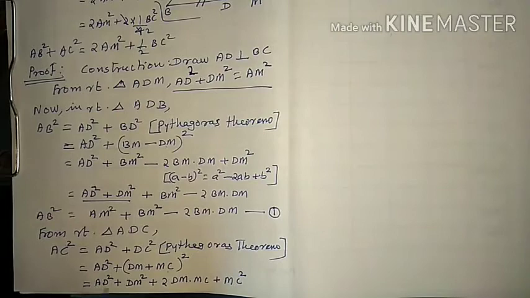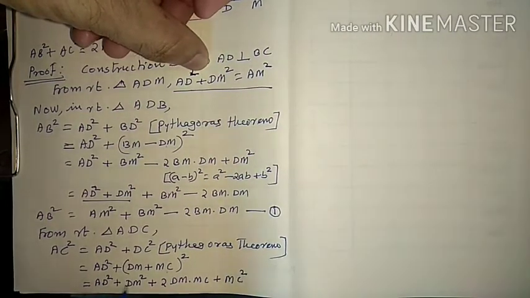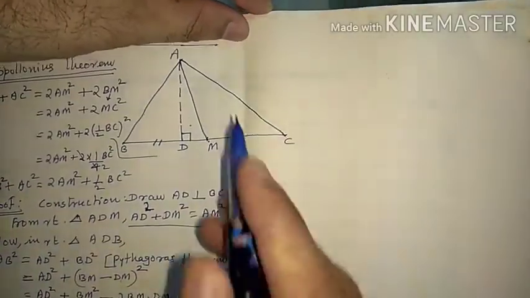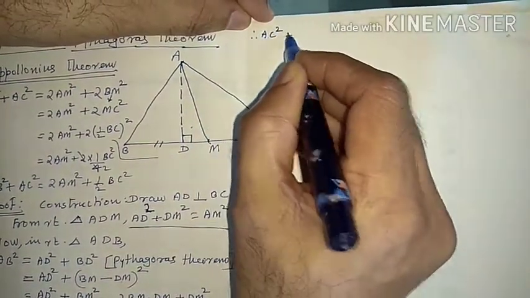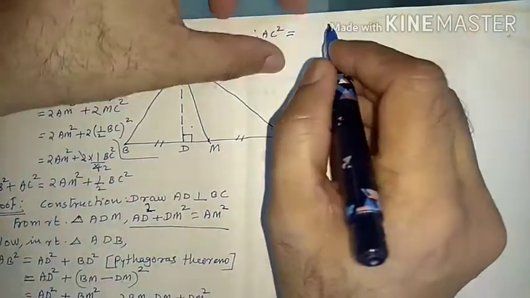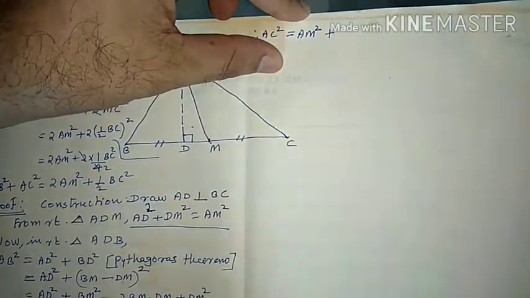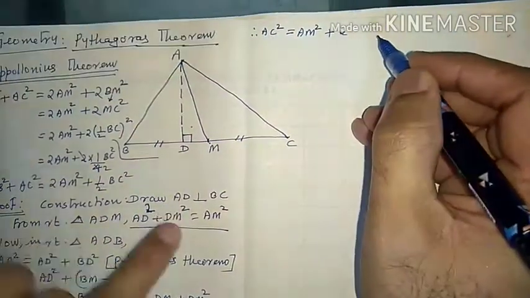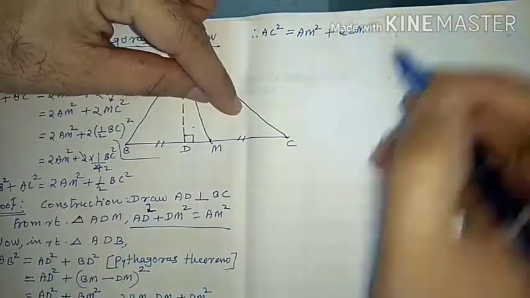Now but what is this? AD square plus DM square is equal to, this part becomes AM square. So this AC square continues here. Therefore AC square is equal to this AD square plus DM square, which is AM square, plus 2 times this DM into MC.